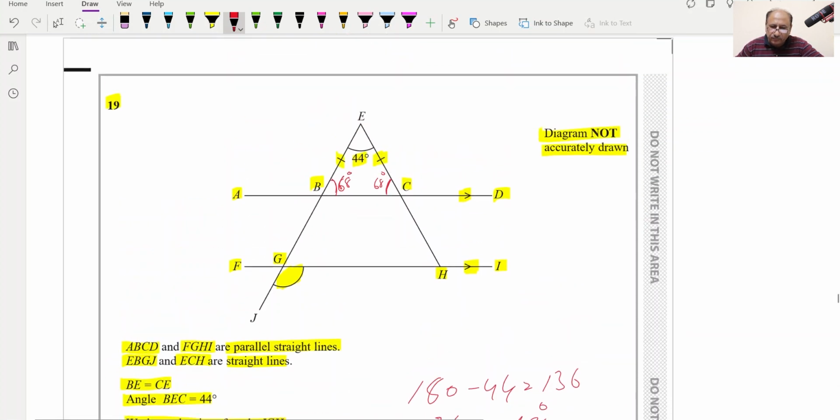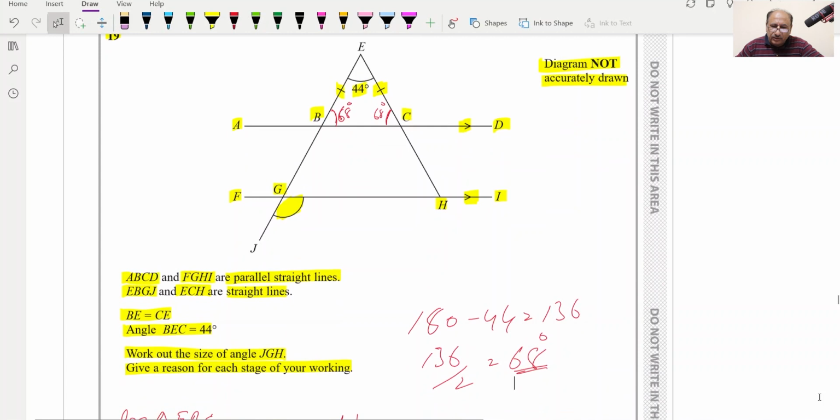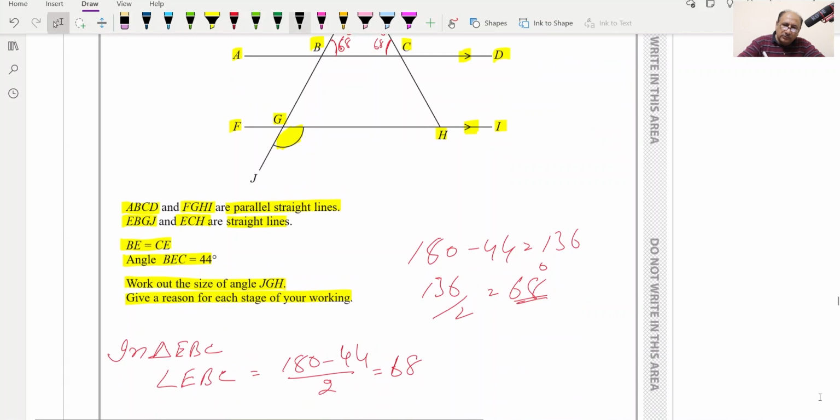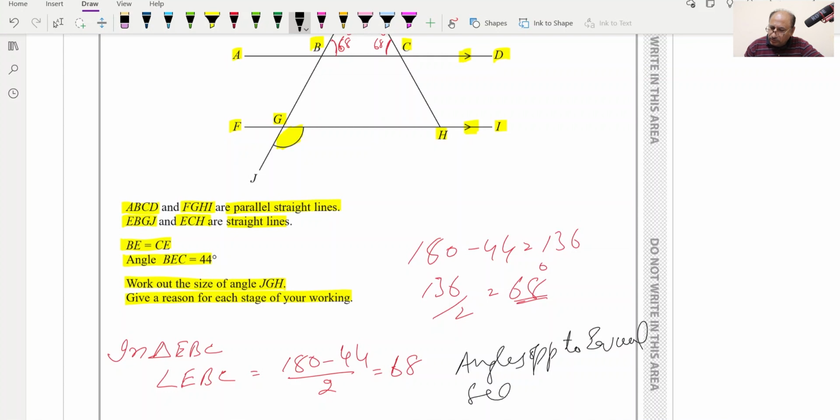And the reason we will write is angles opposite to equal sides are equal.